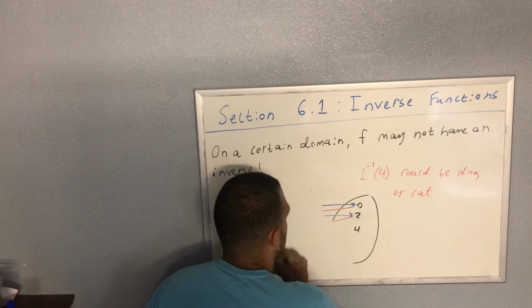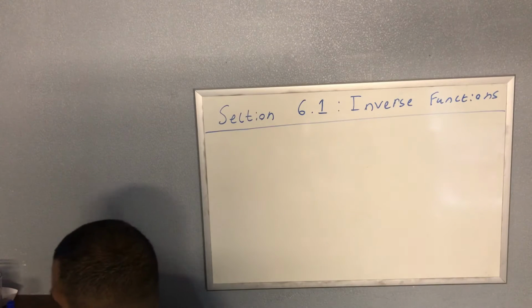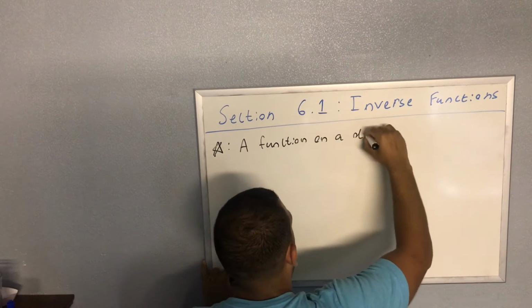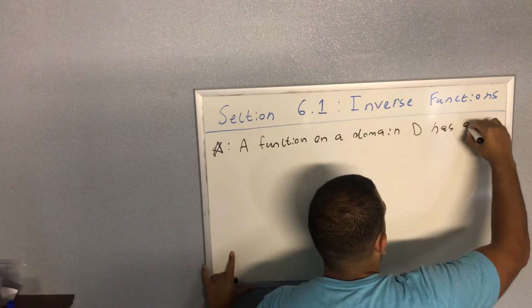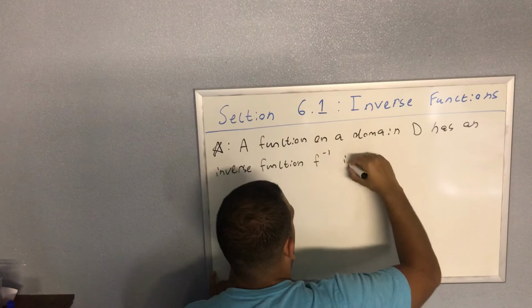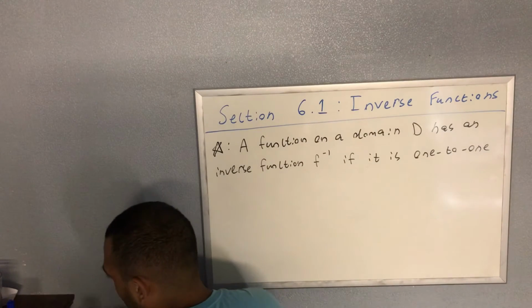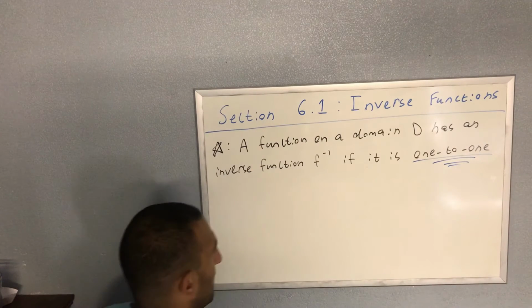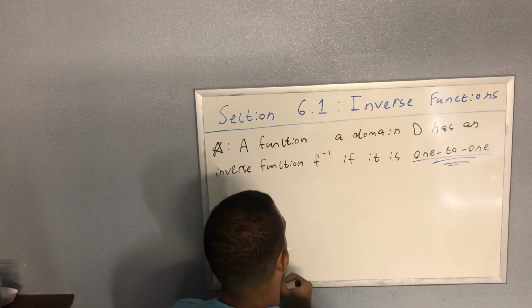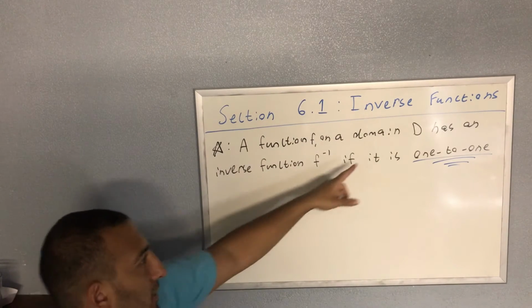So to give a summary of what we just found: a function on a domain D is one-to-one. If the original function f is one-to-one, then it will have an inverse on this domain, whatever the domain is.